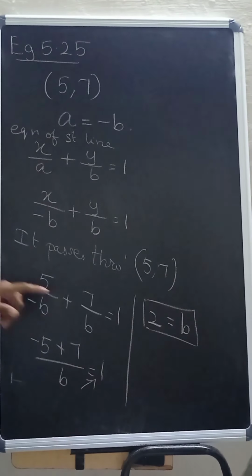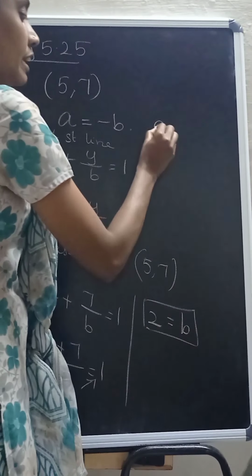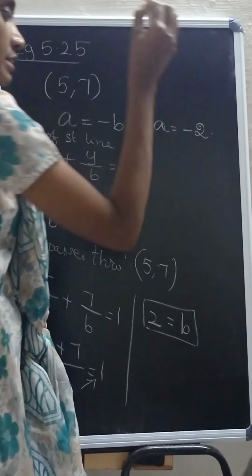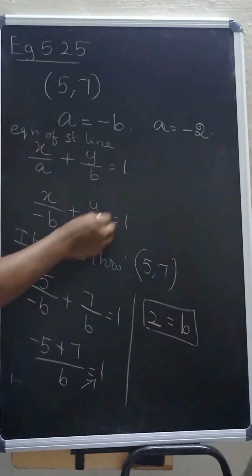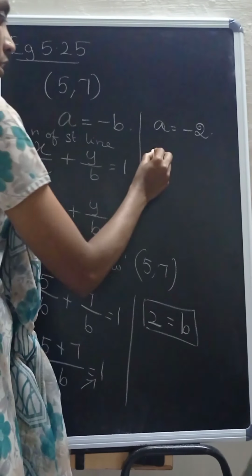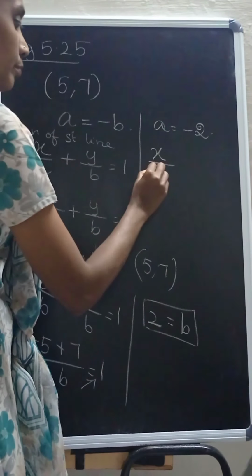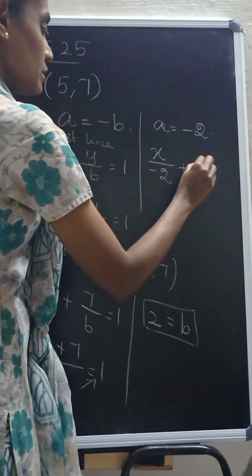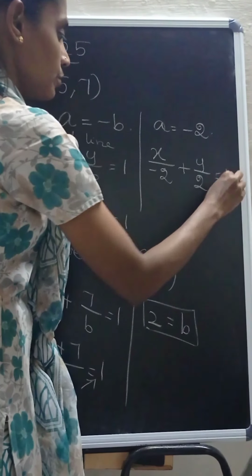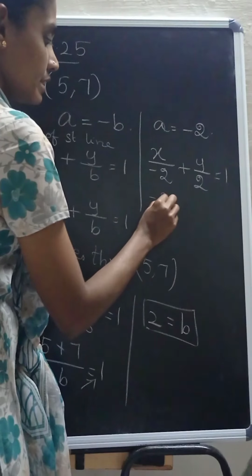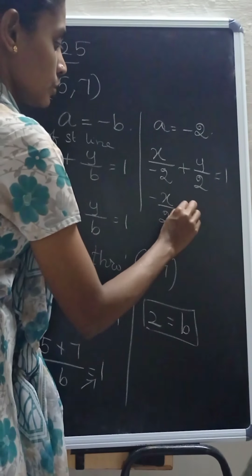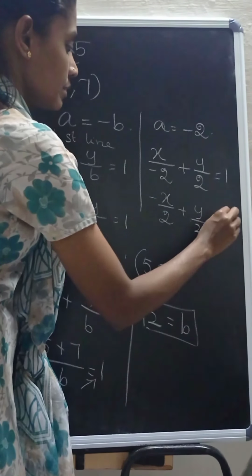The value of b is 2, so the value of a will be minus 2. Now substitute in this equation. What will you get? x by minus 2 plus y by 2 is equal to 1. So you can write it as minus x by 2 plus y by 2 is equal to 1.